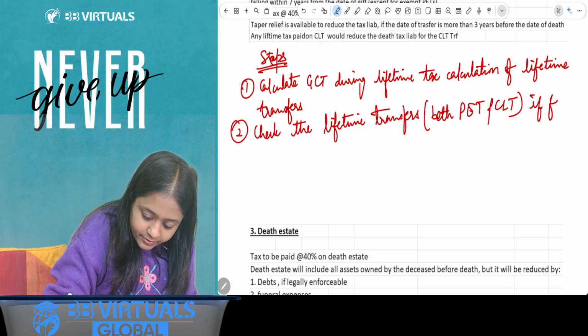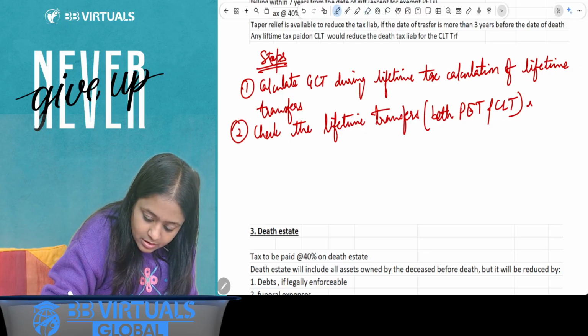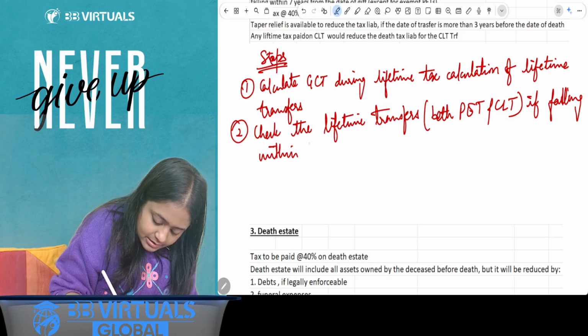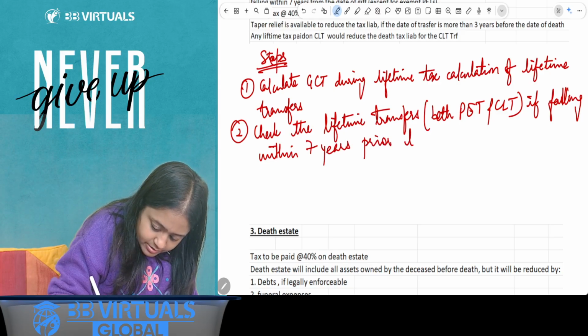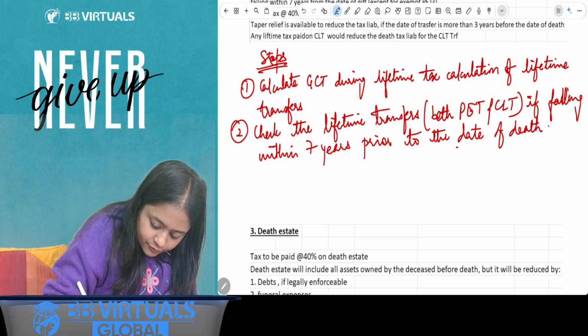If falling within 7 years prior to the date of death.